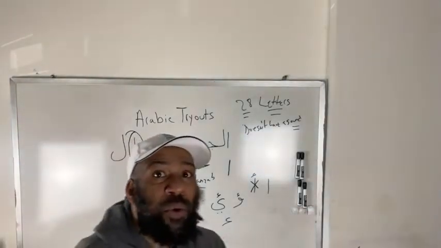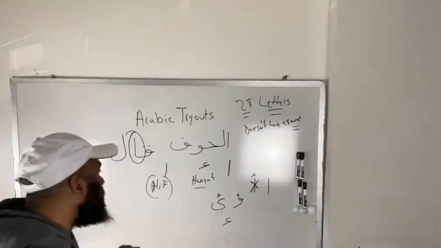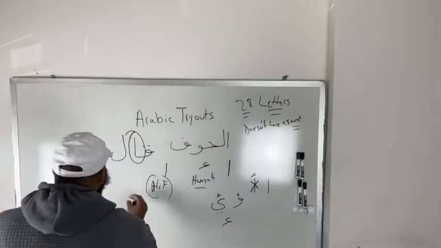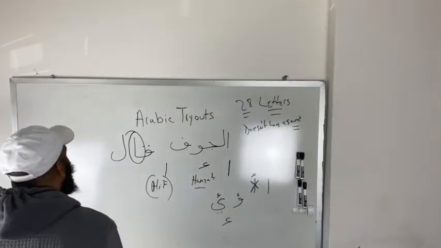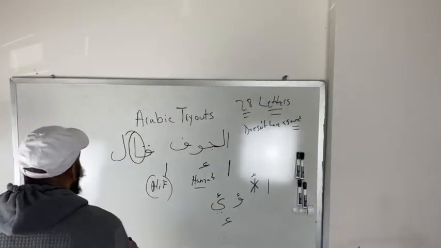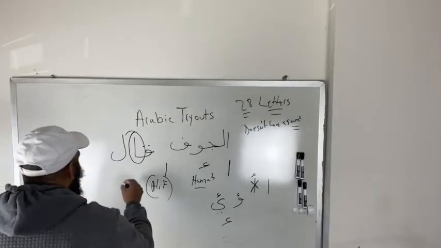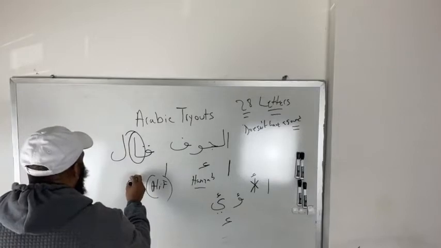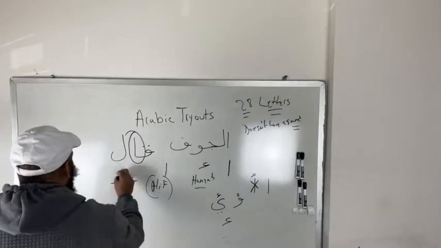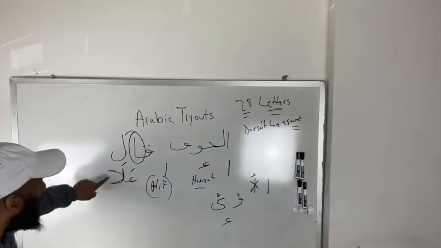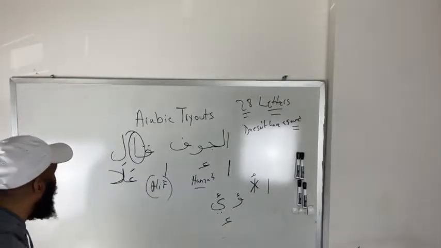Let's show an example where the form can be at the end. Can never be in the beginning. At the end, you might see in the word, let's say, all right, that's a lam aleph. The aleph is here though. This is the end aleph here.